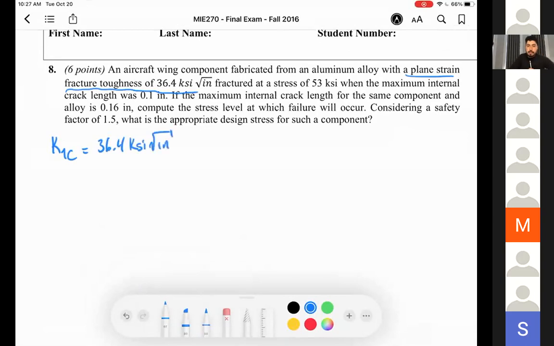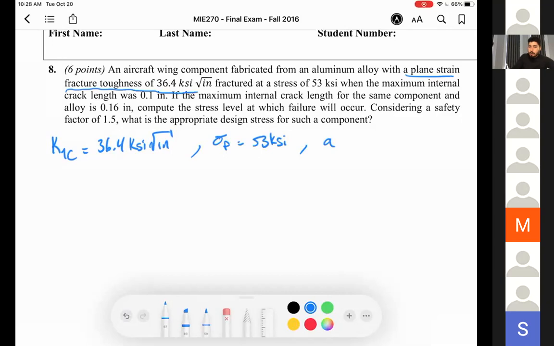Okay, so we have the plane strain, and we know that it fractured at a stress of 53. So our fracture stress is equal to 53 KSI. Okay, are we good so far? And we know that it had an internal crack length of 0.1.